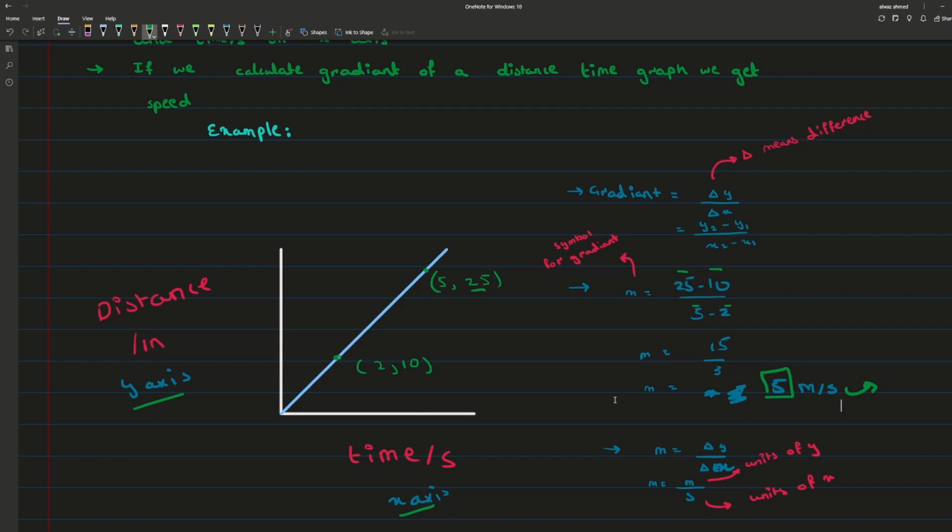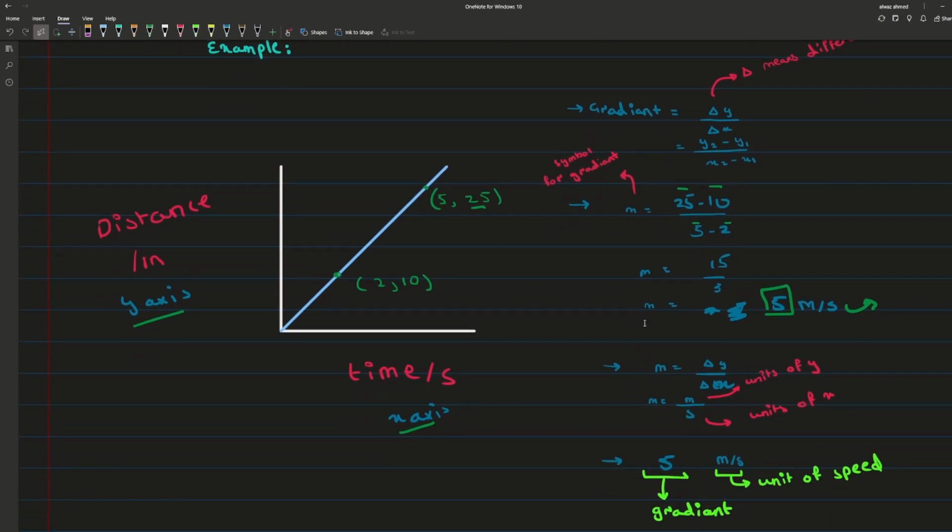Now we have to check if the units are indeed meters per second or not. The formula for gradient is delta y over delta x, where delta y is y2 minus y1 and delta x is x2 minus x1. If we look at the units of y, on the y-axis we have distance, and the unit of distance is meters.